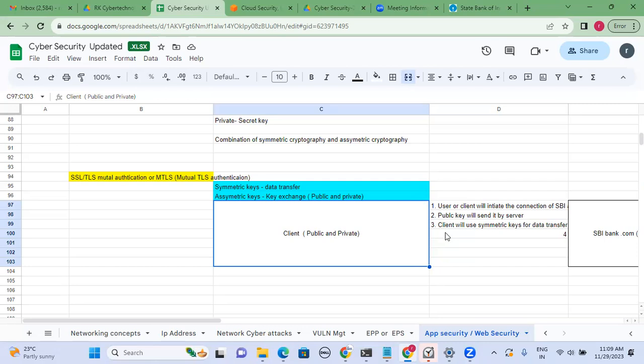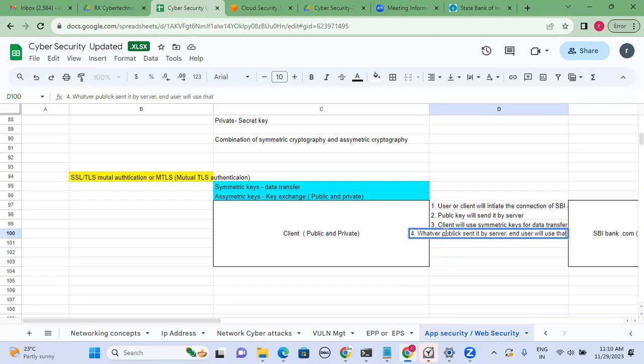Now, using the public key sent by the server, the end user will encrypt the data and send it to the server, nothing but SBI Bank.